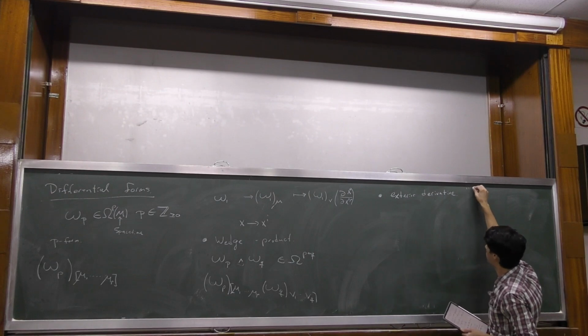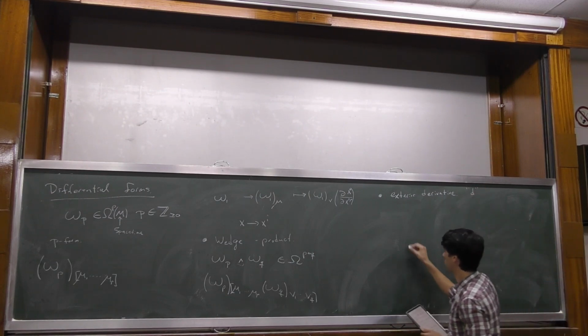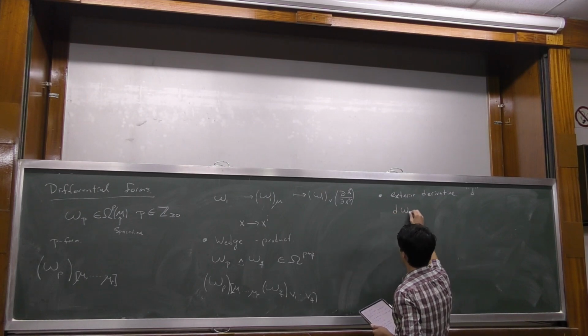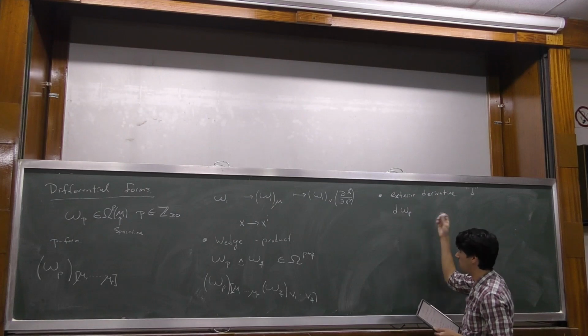Which we often describe as d. And similarly to the wedge product, what you're going to do is you just take the derivative and you anti-symmetrize it.